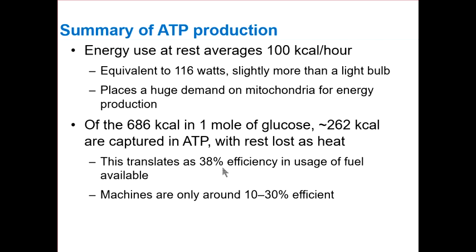That means 38% of the energy is going toward making ATP, and the rest is heat, which we need in our body. Our most efficient machines can get to about 30% efficiency, with the rest being heat. Usually they're even lower than that, all the way down to 10% efficiency. So this is telling us that our cells are able to work much more efficiently than our most efficient machines that we make industrially.